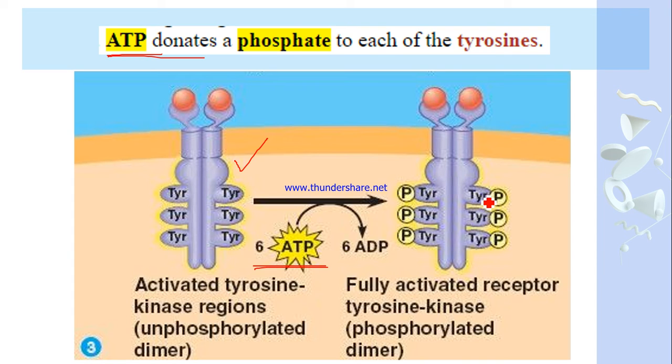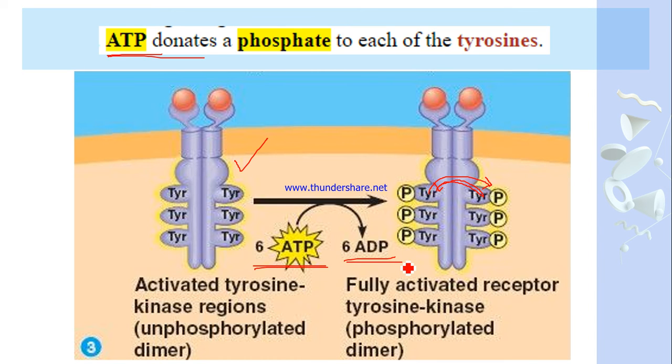As I was saying, this kinase is a protein which will phosphorylate. This tyrosine will phosphorylate that tyrosine, even though it can phosphorylate other proteins also. First they will phosphorylate each other; this is called self phosphorylation, autophosphorylation. So this tyrosine will phosphorylate that tyrosine, and that one will phosphorylate this one. In total, 3 tyrosines will be phosphorylated 6 times, taking the phosphate from 6 ATP, and then that ATP will release the energy and become ADP.